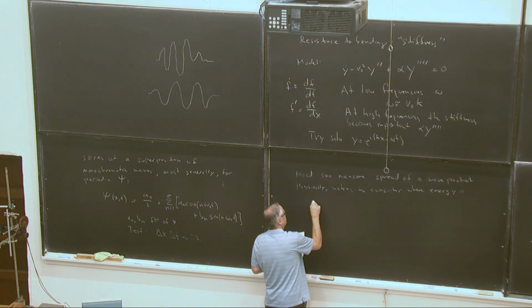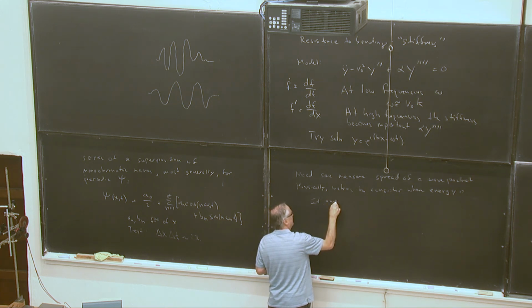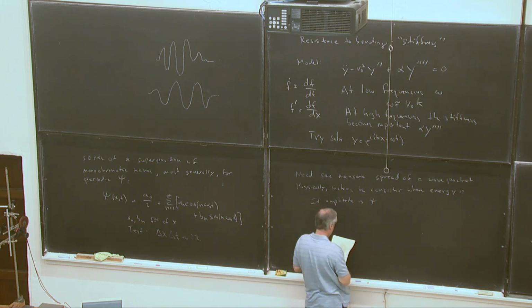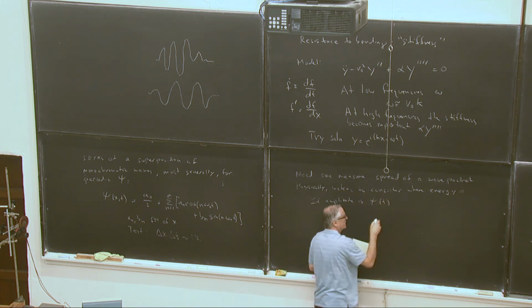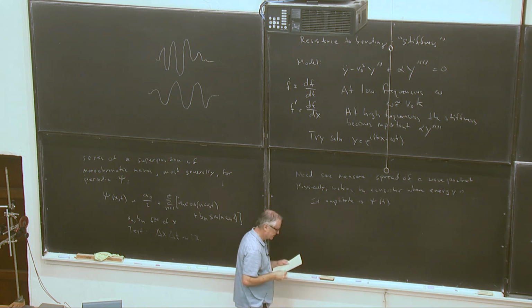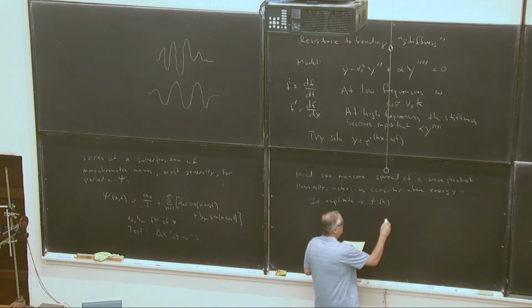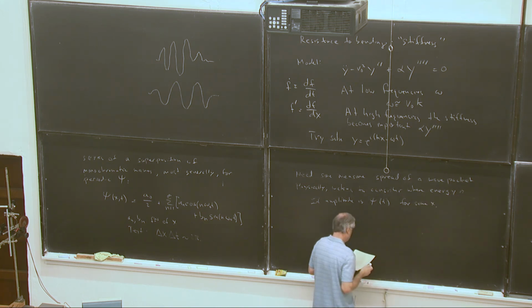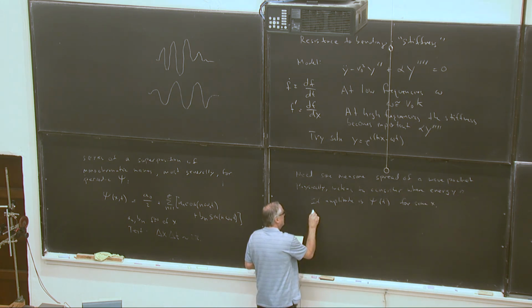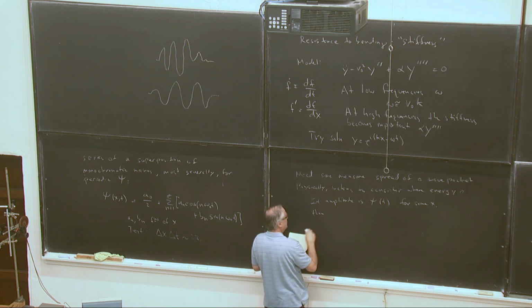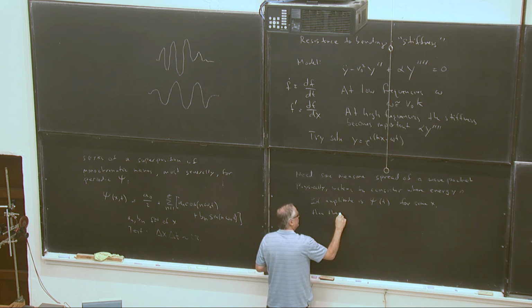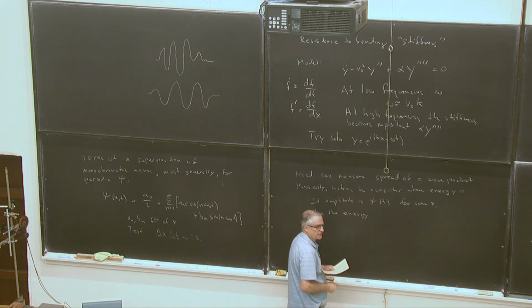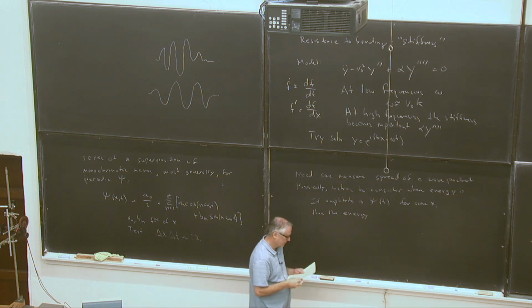So if the amplitude is psi of t, say, suppressing the x dependence for some x, then as we've seen, the energy goes like the square of that, or the intensity goes like the square of that.